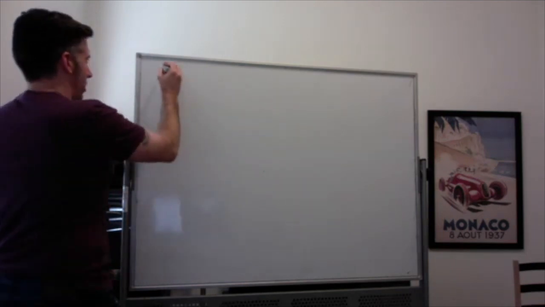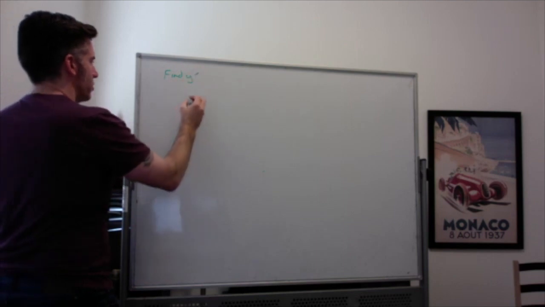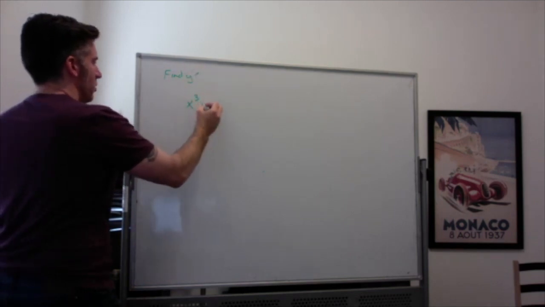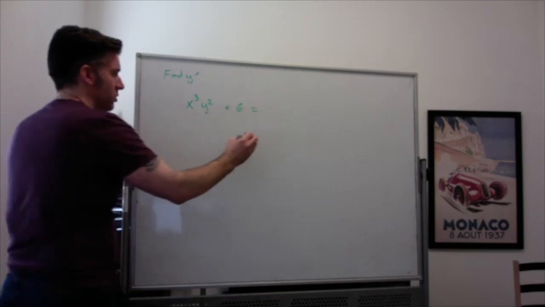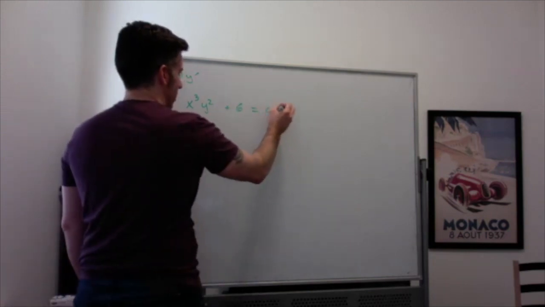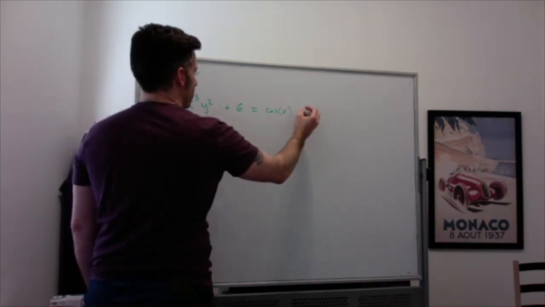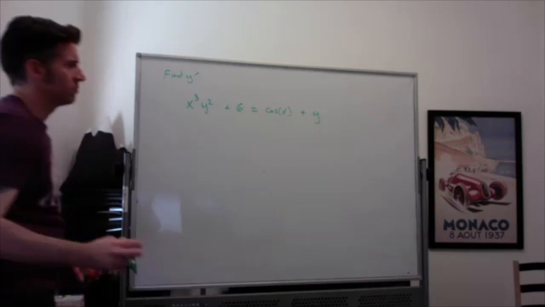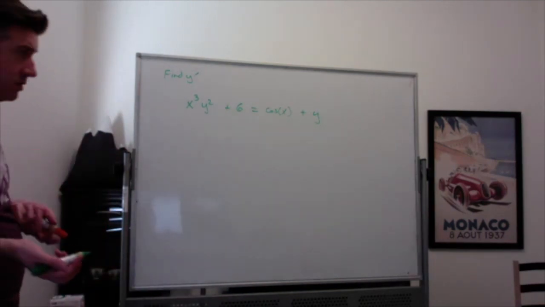I want to find y prime for the following: x cubed y squared plus 6 equals cosine of x plus y. All right, so again, we're going to differentiate first.